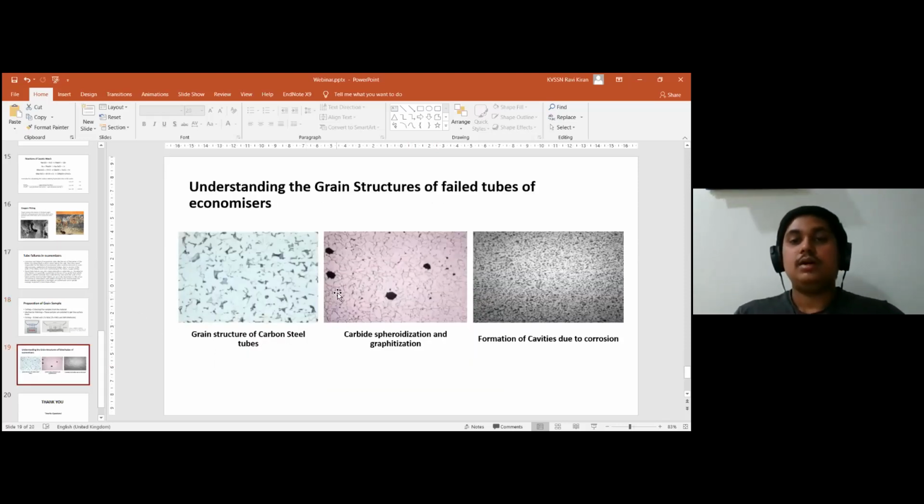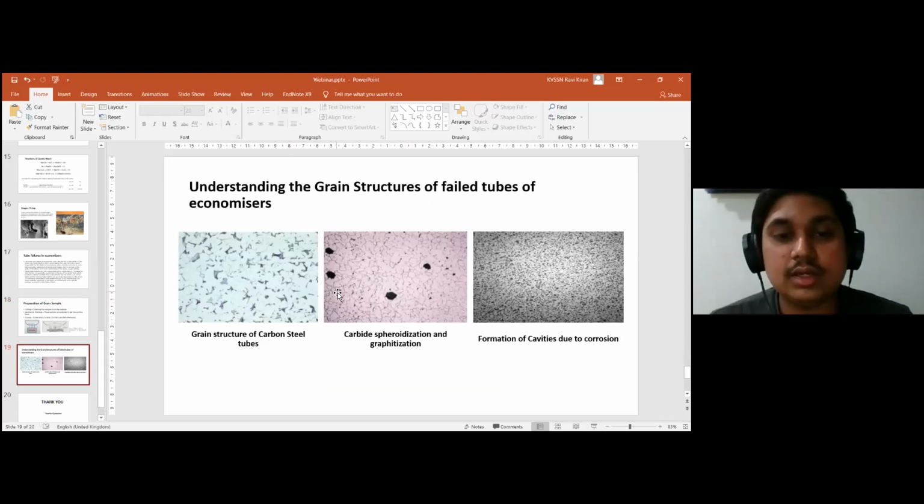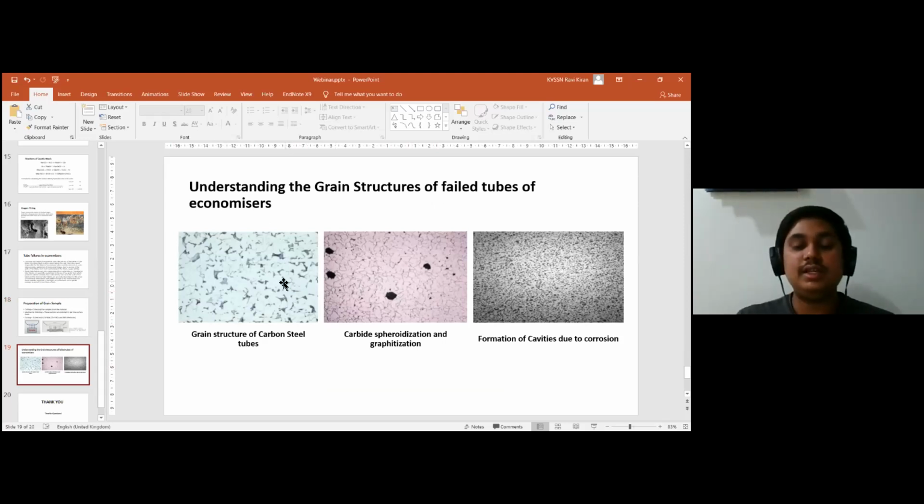So yeah, when reactions like caustic attack or oxygen pitting happen, the grain structures generally tend to form some spheroids, which we call spheroidization.